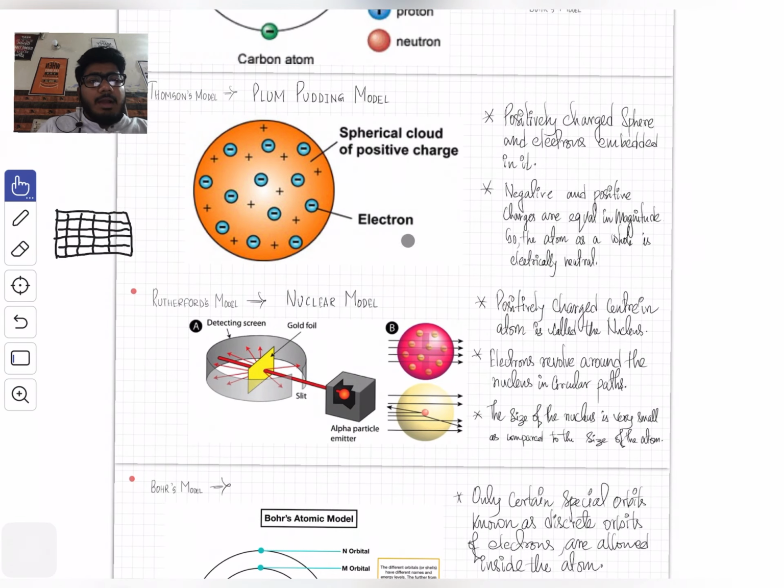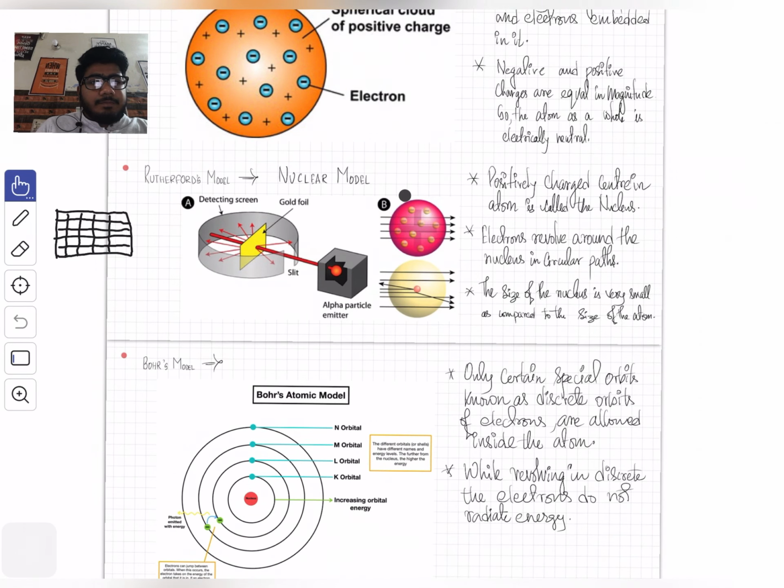Then we go with the Rutherford model, also known as the nuclear model. Rutherford took gold foil because it was thin in nature and he wanted his experiment to be accurate. He also took alpha particles which were doubly charged.